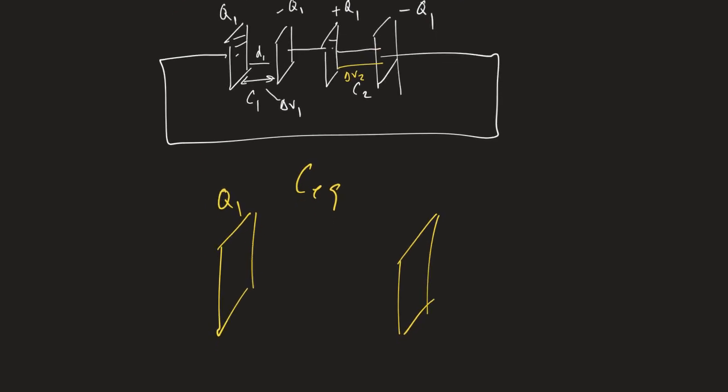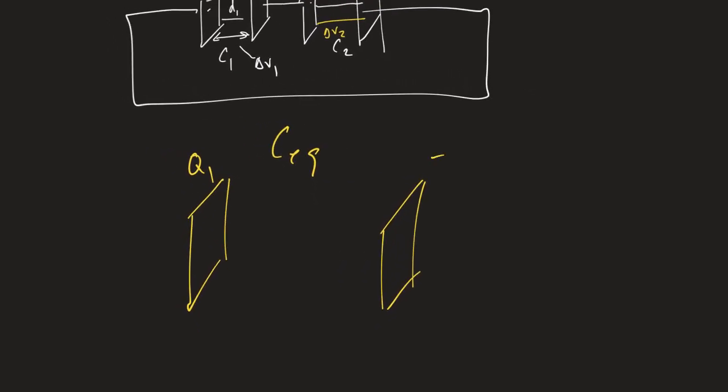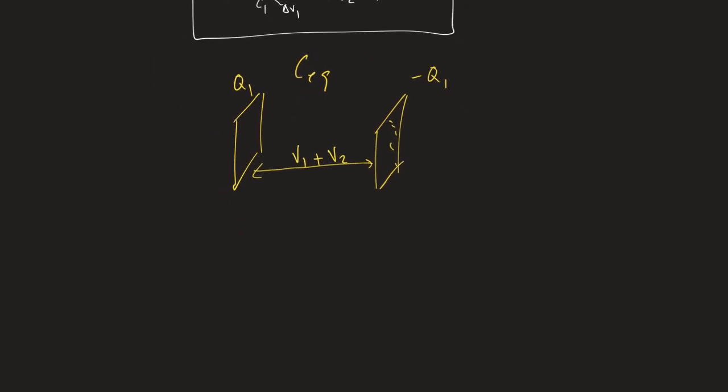If it's d1 plus d2, I don't know what distance it will be. The charge minus Q1 here. And the potential will be delta V1 plus delta V2, which I call V1 plus V2.